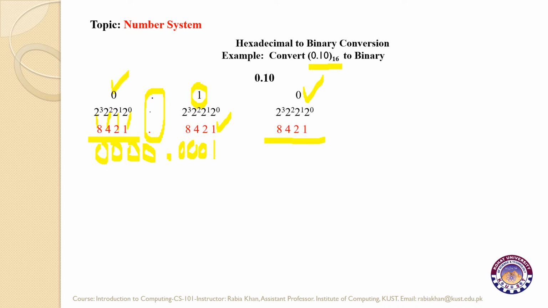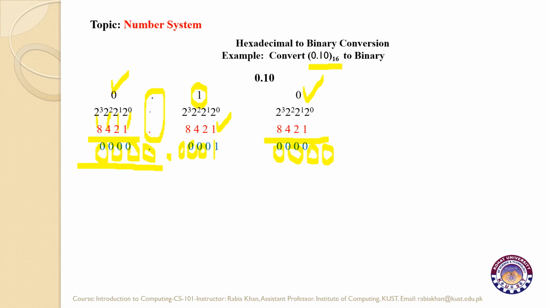No bit is required to remain on. So all the 4 binary digits must be switched off. You can add a single 0 or you can add 4 zeros, but 4 zeros towards the right of the decimal point is important to mention, while towards the left of the decimal point you can write only a single 0. No need to write 4 zeros. So this is how the answer is.